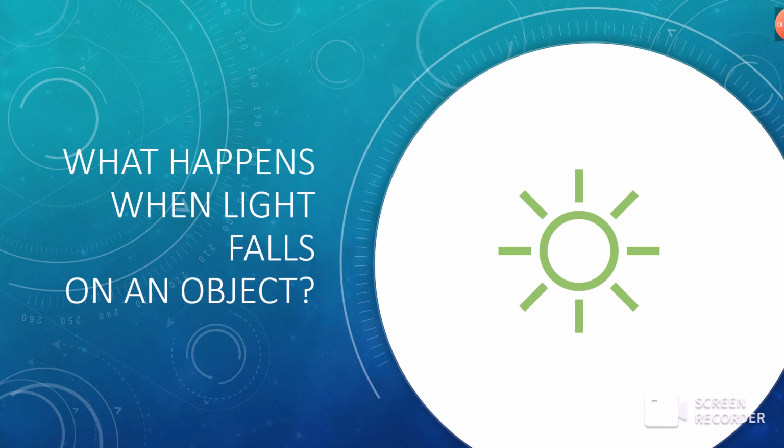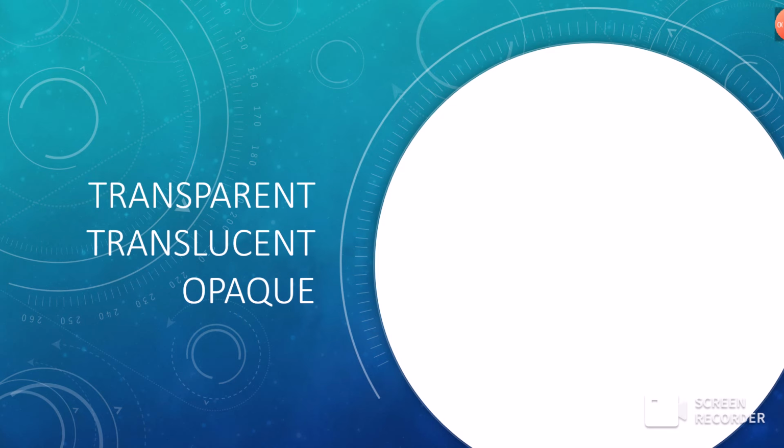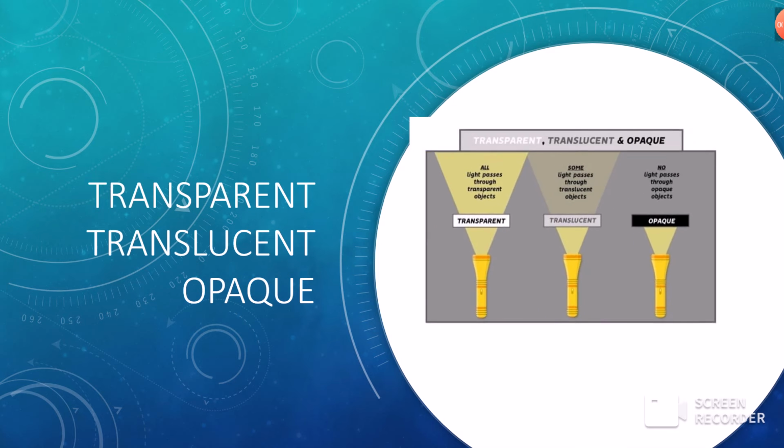What happens when light falls on an object? The object may transmit, scatter, absorb, or bounce back the light. Transparent, translucent, and opaque. What is transparent?